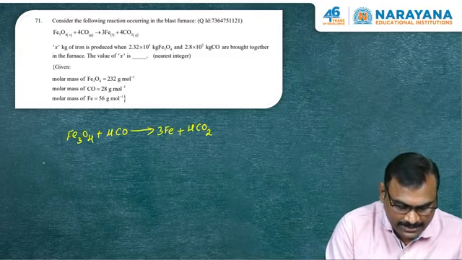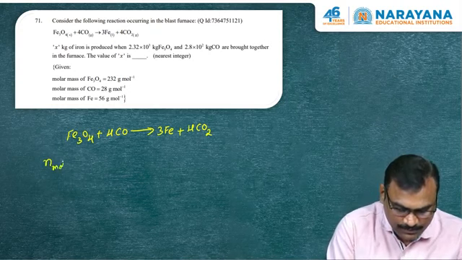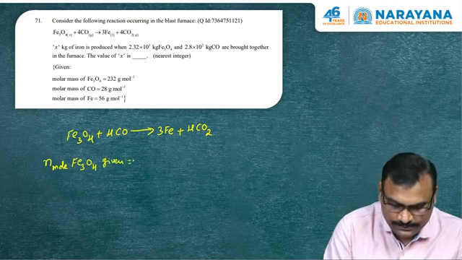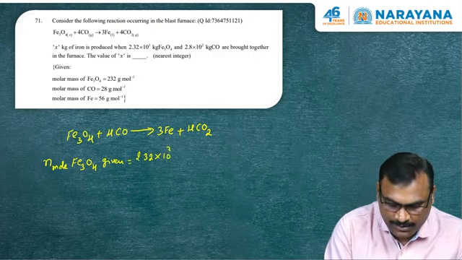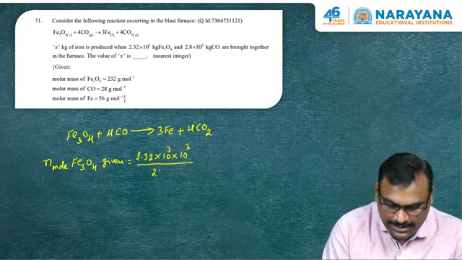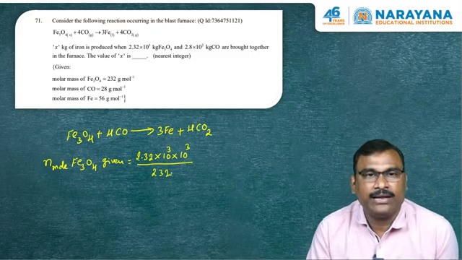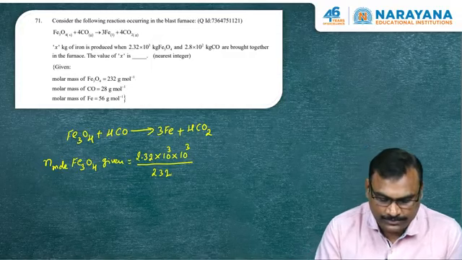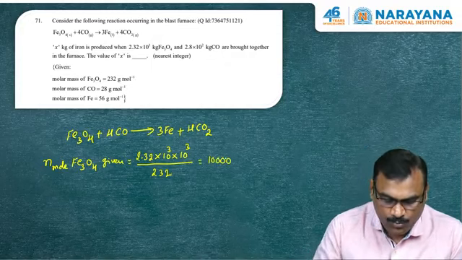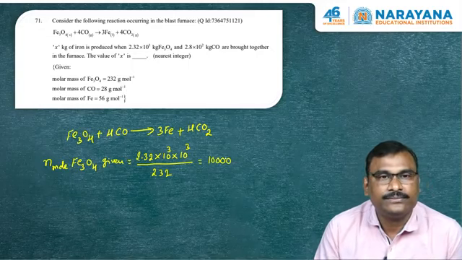Now let us see the number of moles of Fe3O4 given. That is 2.32 into 10 to the power of 3 into 10 to the power of 3, because given in kgs, by 232, since the molecular weight of Fe3O4 is 232, that is 10,000 moles are given.